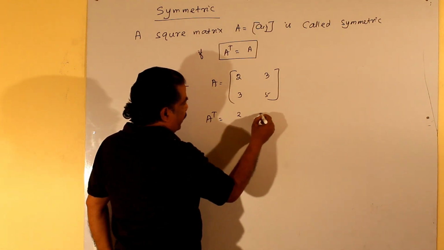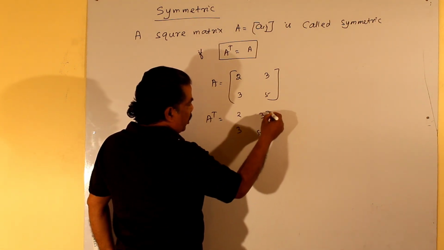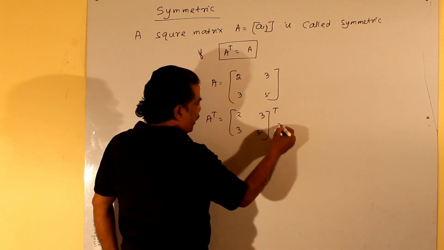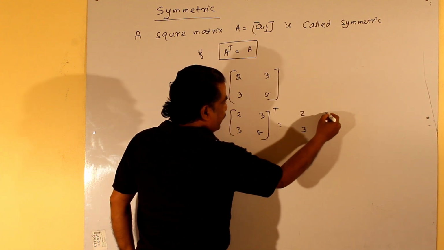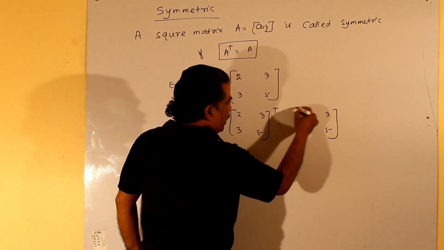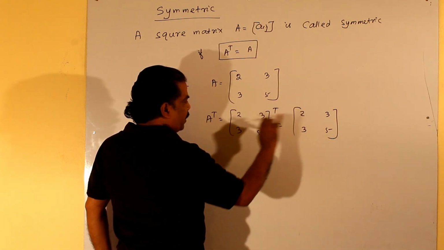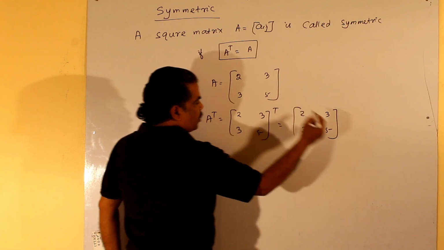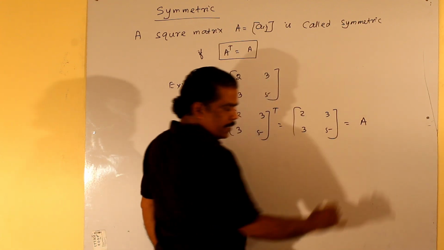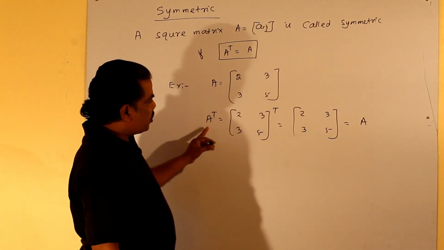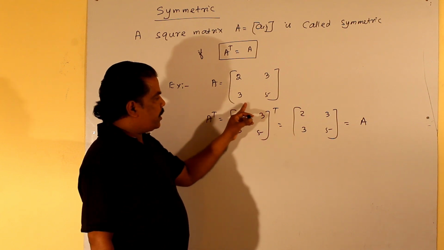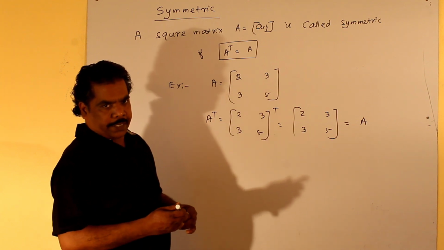So [2, 3; 3, 5] transpose is equal to [2, 3; 3, 5]. Row 1 becomes column 1, row 2 becomes column 2. Next we say that is equal to the matrix A. As A transpose is equal to A, this is called a symmetric matrix.